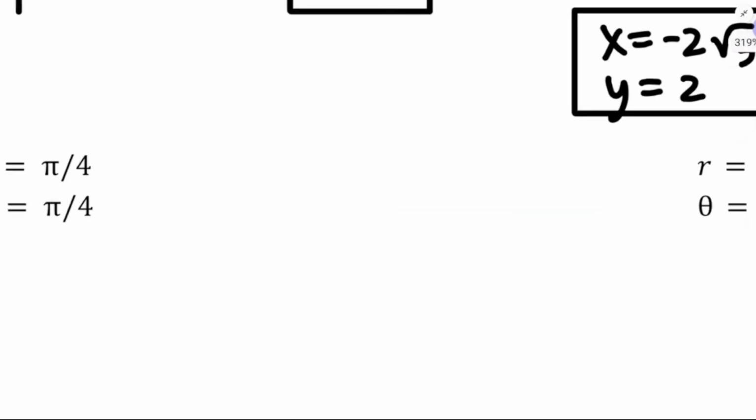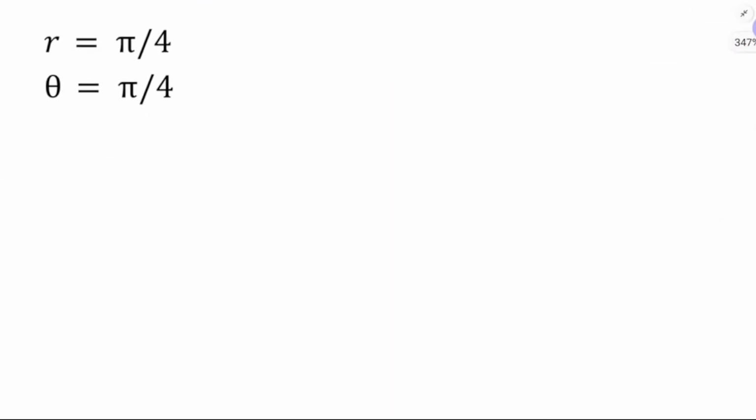Okay, now r equals pi over 4 and theta equals pi over 4. These are going to be kind of strange ones, these last two, but I feel like I need you to be aware of these also. Okay, remember x equals r cosine theta. So pi over 4 multiplied by cosine of pi over 4. And you know what cosine of pi over 4 is. It's root 2 over 2. And in the first quadrant, they're all positive.